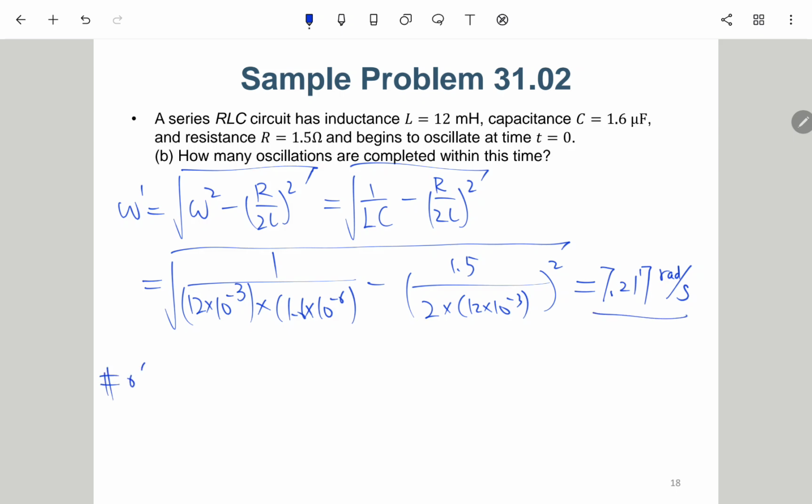So for the number of oscillations, it will be 11 millisecond, 11 times 10 to negative third, times 7.217 over 2 pi.